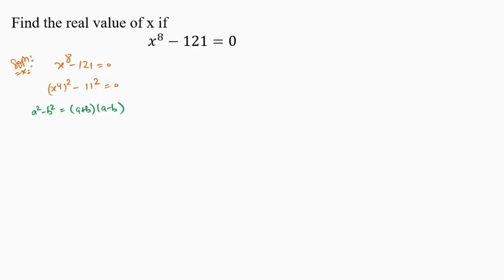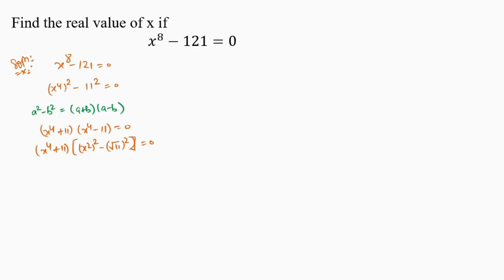So using this formula, we can rewrite the given equation as (x raised to power 4 plus root 11) times (x raised to power 4 minus root 11) equals 0. This can be further simplified as (x raised to power 4 plus 11) and (x square) raised to power 2 minus (root 11) raised to power 2 equals 0.